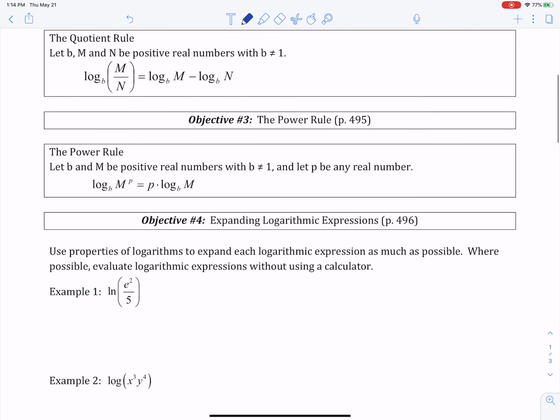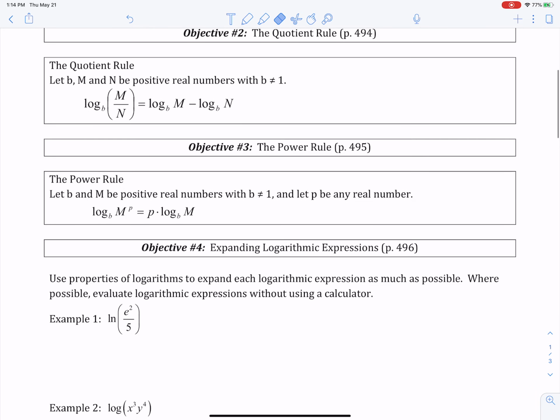For the power rule, the power rule says if we have logarithm base b of m to the p, then that p can be moved as multiplication to this logarithm. And this property comes directly from the product rule for logarithms.